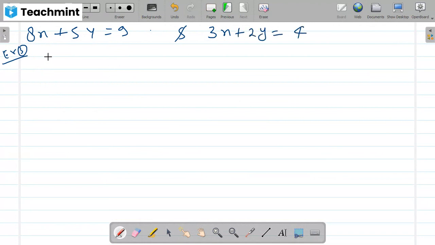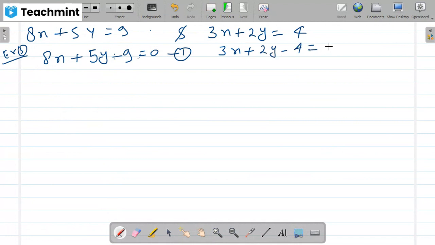Rewriting the equation, 8x plus 5y, transfer this 9, equal 0, this is equation first, and 3x plus 2y minus 4 equal 0.